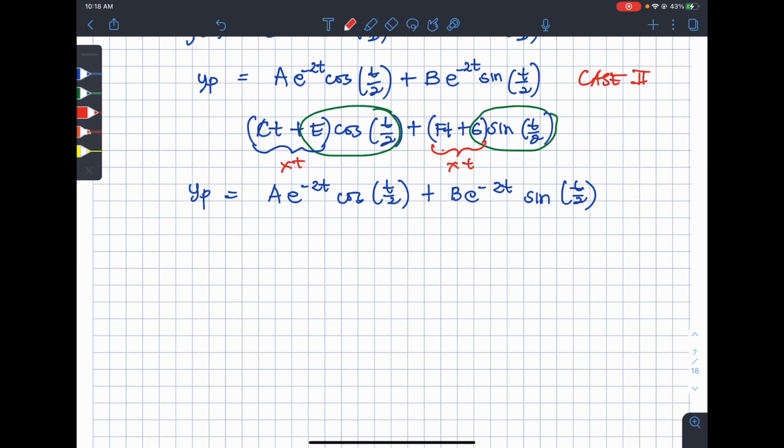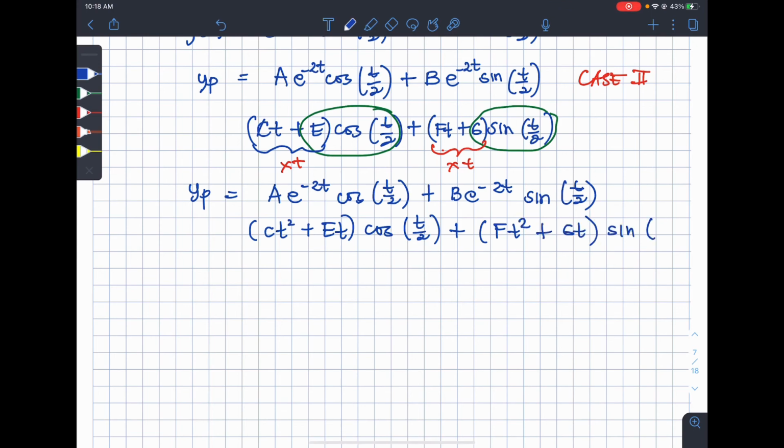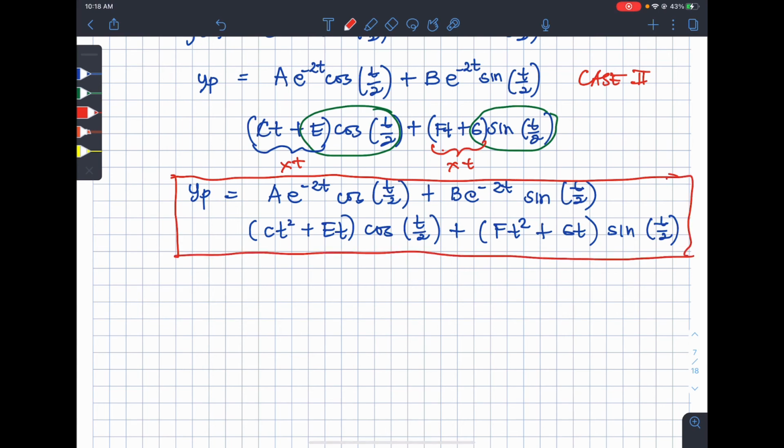So this one will become c t squared plus et cosine t all over 2, then plus f t squared plus gt sine t all over 2. So this now will become our new trial particular solution.